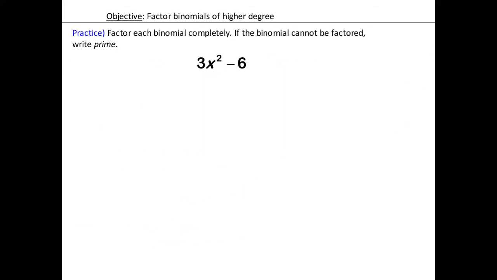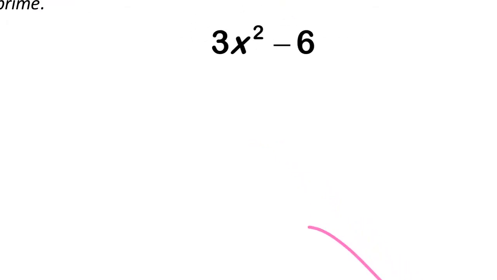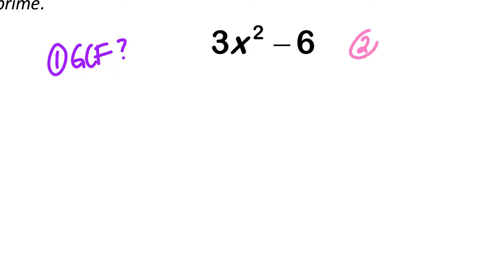So go ahead and try this next one before we move on to higher powers. We got 3x squared minus 6. Go ahead and copy this one. And again, step 1, you're looking for a GCF. Step 2, you're looking for dots.